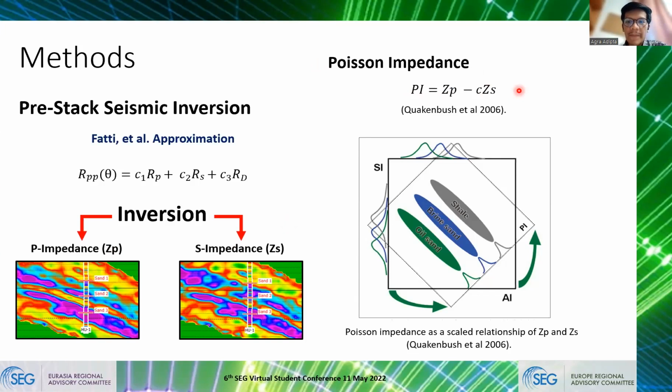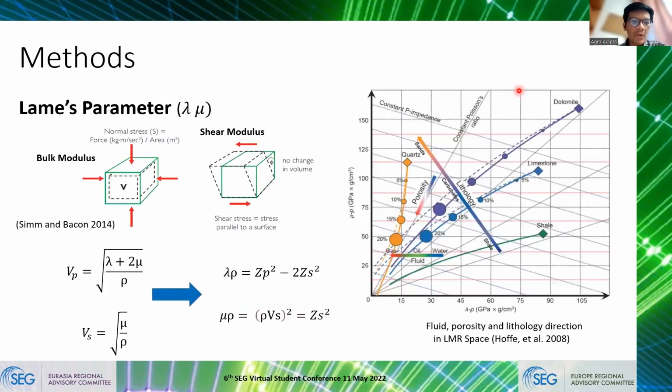The other is the Lamé parameter attribute, where the idea is to extract the bulk modulus and also the shear modulus, where the bulk modulus is sensitive to fluids and matrix, and the shear modulus is more sensitive towards the matrix.